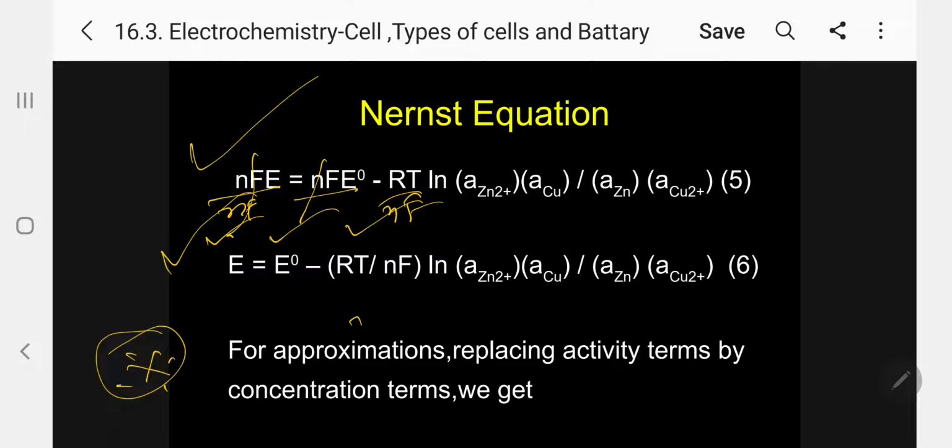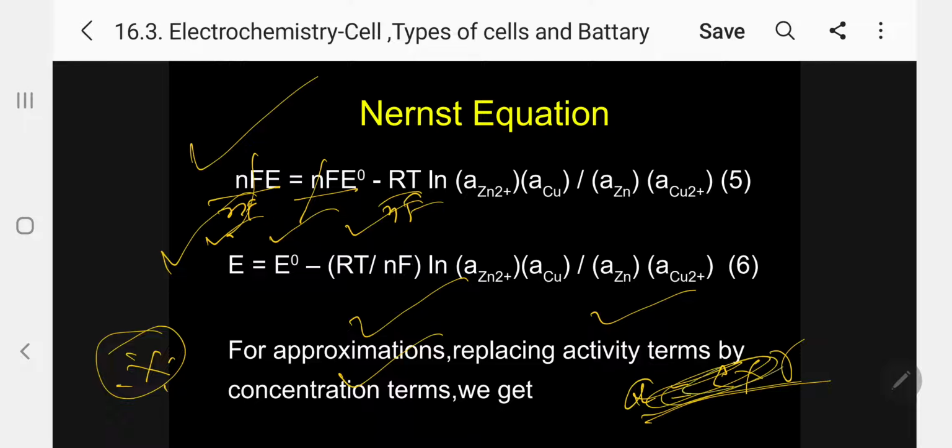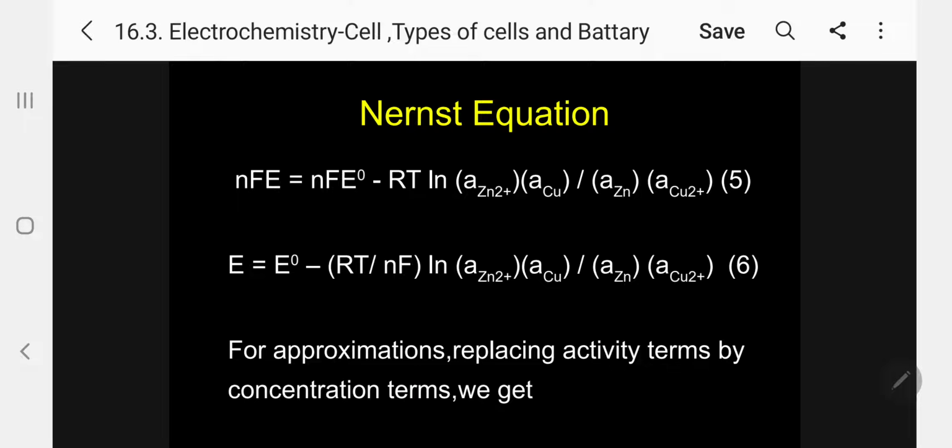For approximations, replacing activity terms by concentration terms, we will write concentration instead of activity. Actually, activity equal to concentration into activity coefficient. But for approximation, since the value is negligible, we replace activity terms by concentration terms.